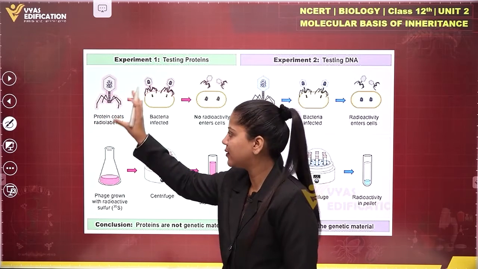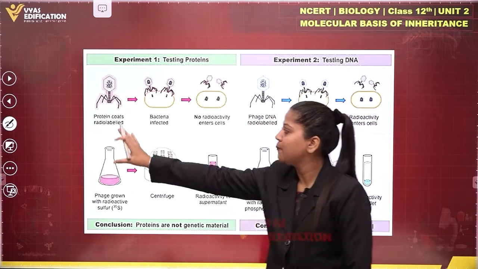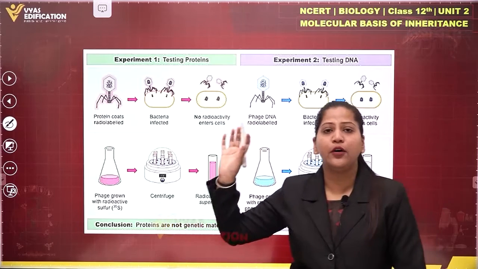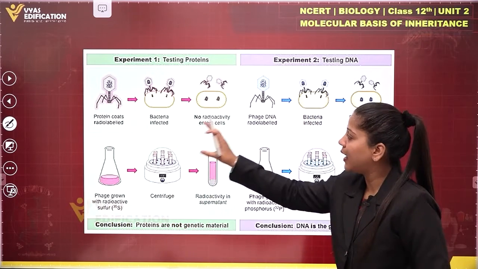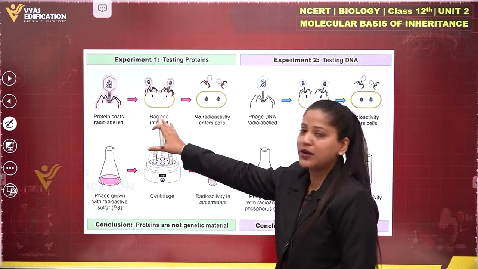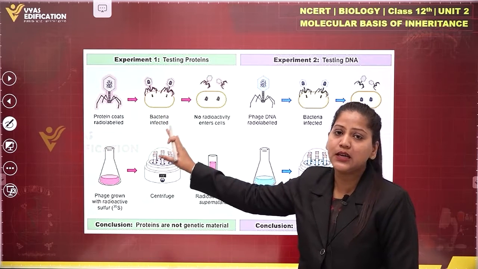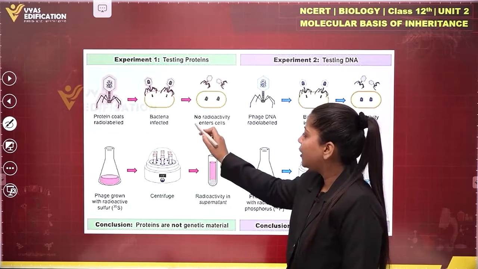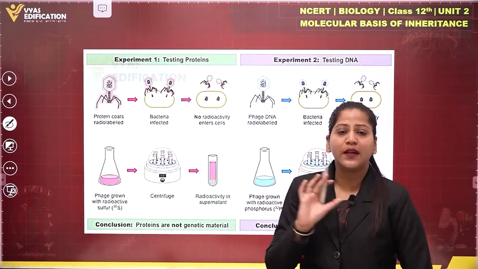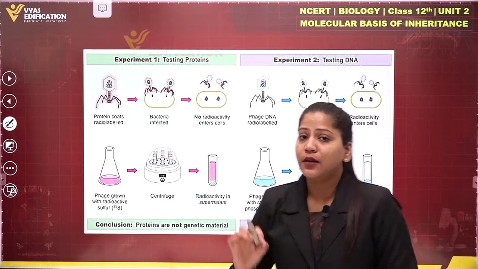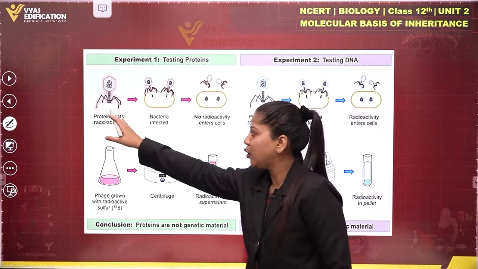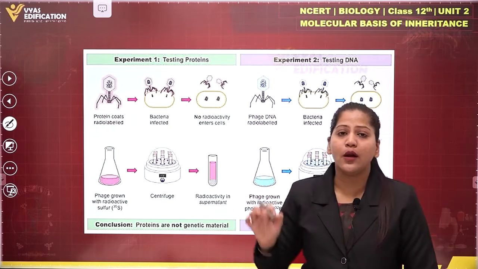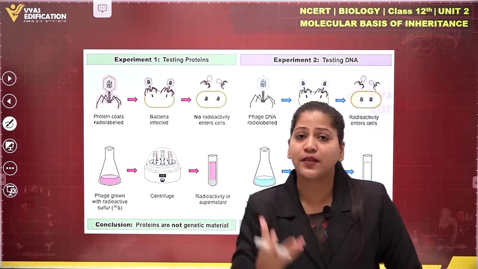The scientists radiolabeled the protein coat of this virus and allowed this bacteriophage to infect the bacteria such as E. coli or Escherichia coli. Then they analyzed it and no radioactivity was found in the Escherichia coli when it was infected with the bacteriophage which was labeled with radioactive sulfur.